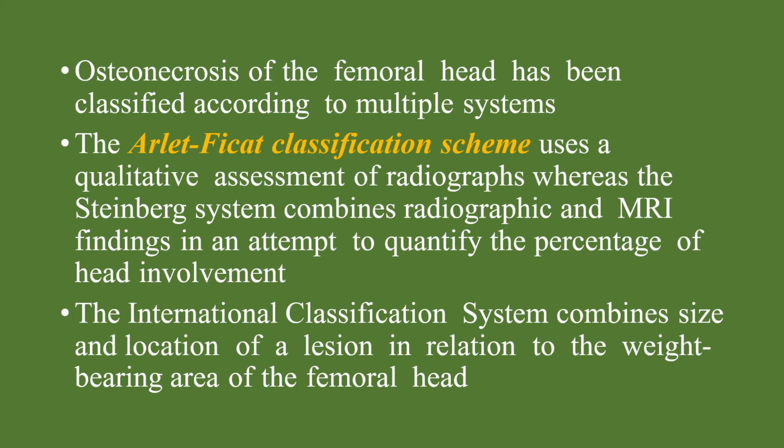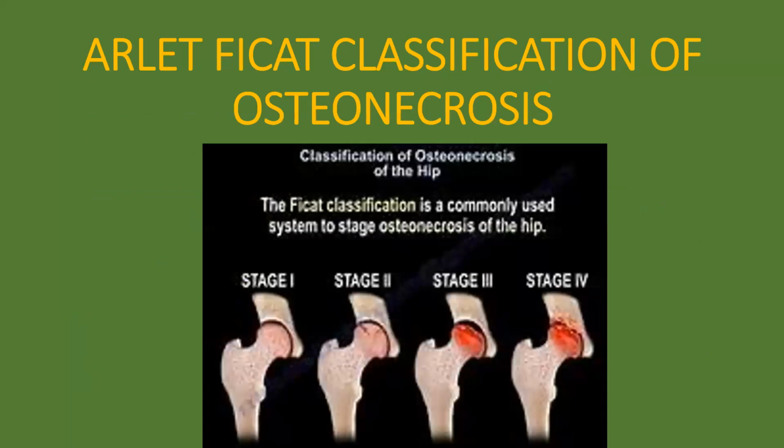There is an international classification system which combines size and location of the lesion in relation to the weight-bearing area of the femoral head. This is the Arlet-Ficat that I showed you at the beginning of this section.